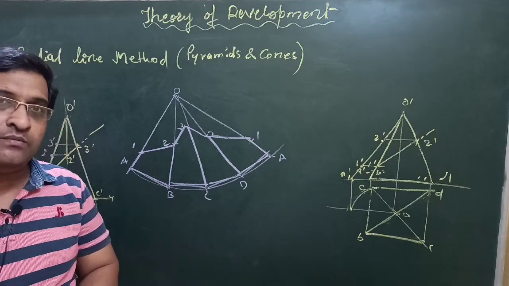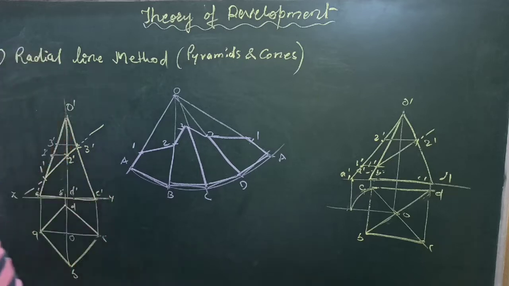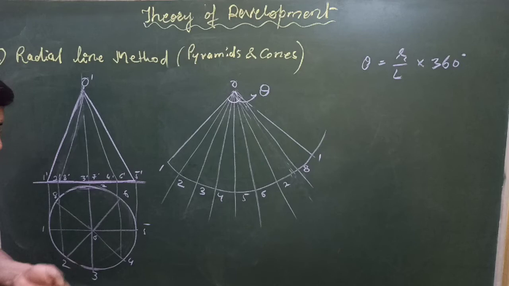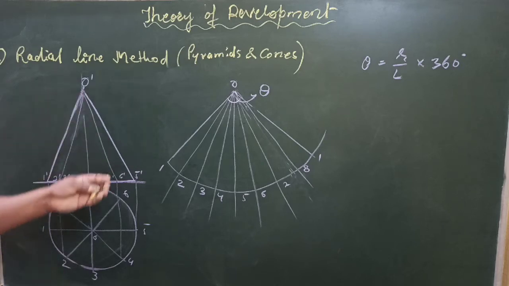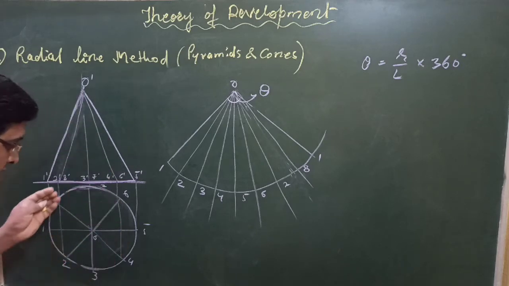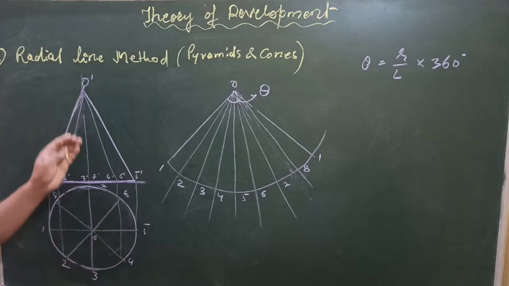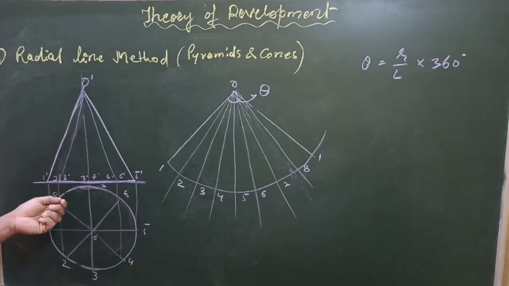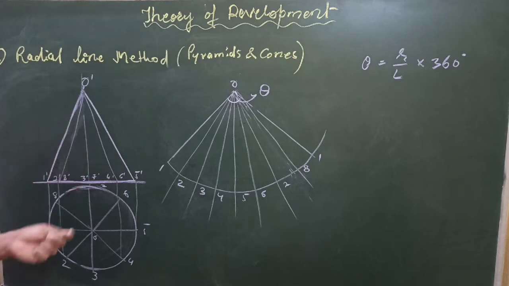Now let us take one example of cones. So here is a problem of cone. Say for example here is a cone with certain diameter of the base, certain height, and it is placed on HP in simple position like this, right?